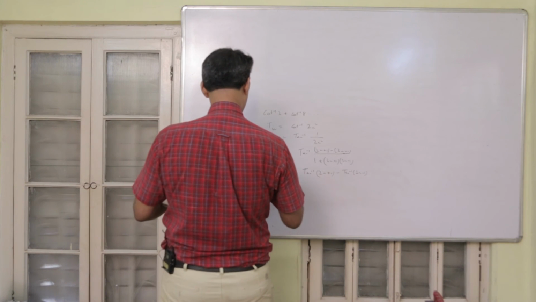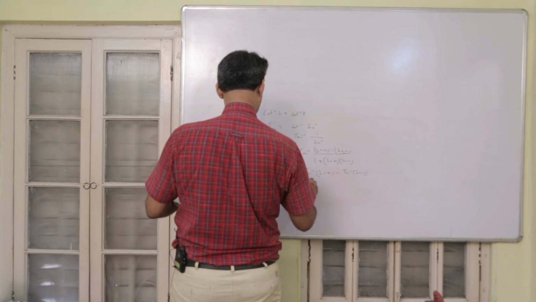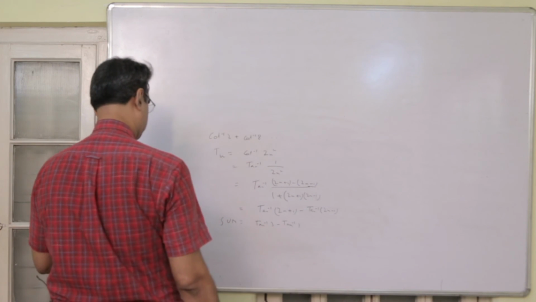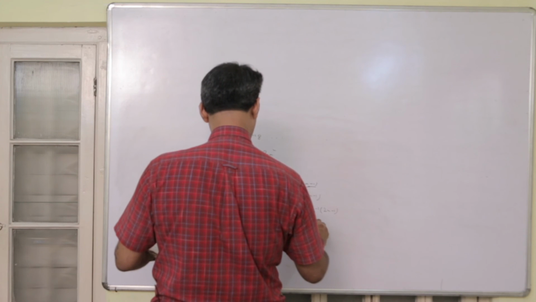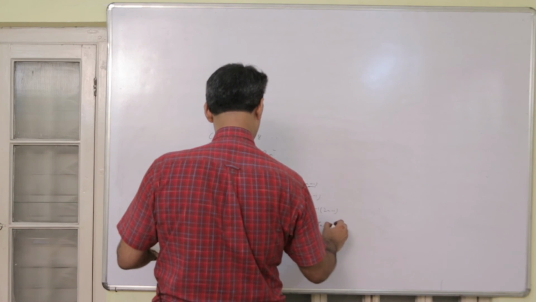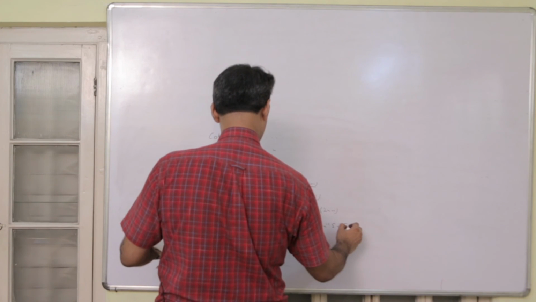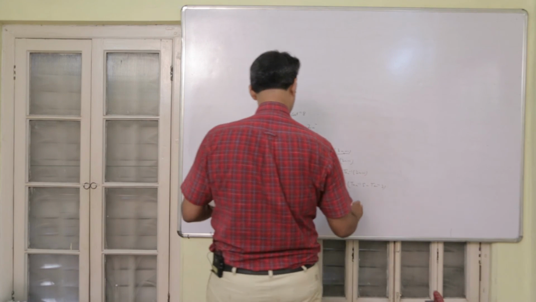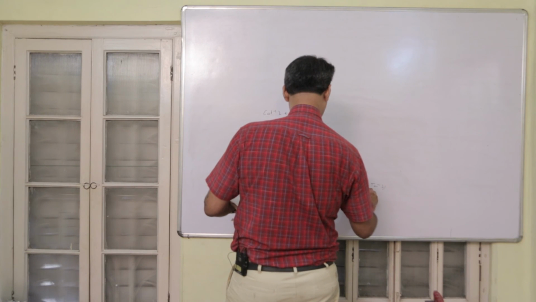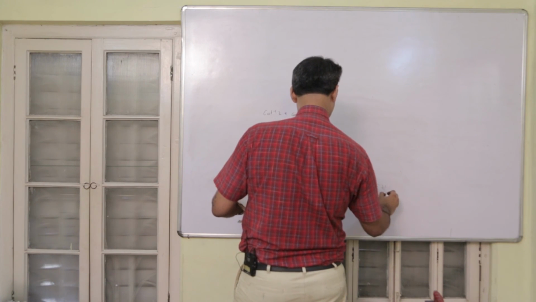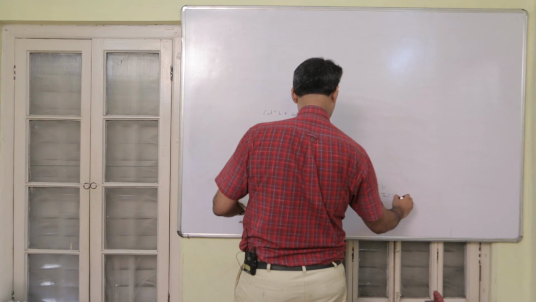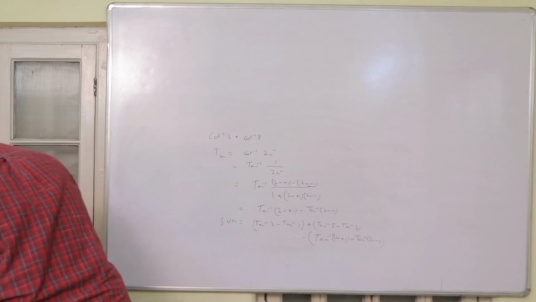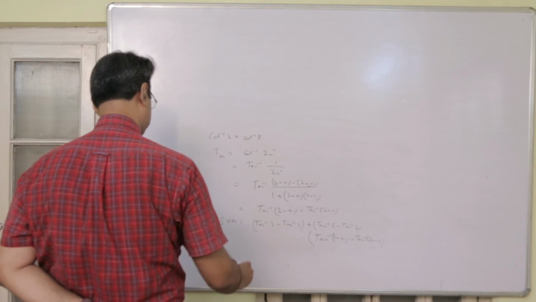Now if we put different values of n, we will get tan inverse 3 minus tan inverse 1 plus tan inverse 5 minus tan inverse 3, and the last one will be tan inverse (2n plus 1) minus tan inverse (2n minus 1).